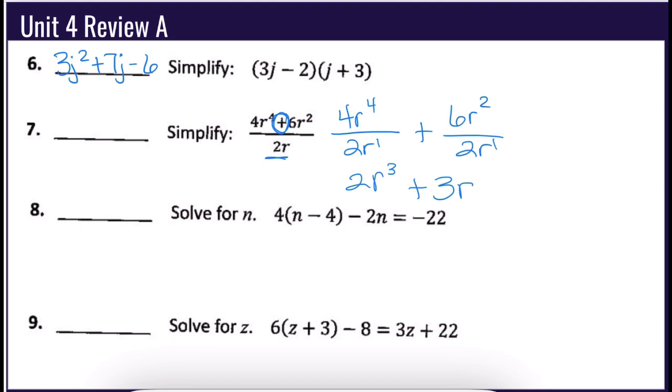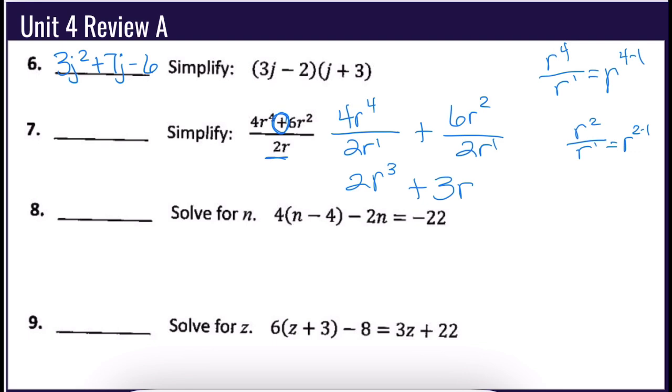So this goes back to our exponent rules. If we have the same base with different exponents and they're being divided, we can keep the base and subtract the exponents. So that's how we get our r to the 3rd. Or if I have an r squared divided by r, that would be r to the 2 minus 1.